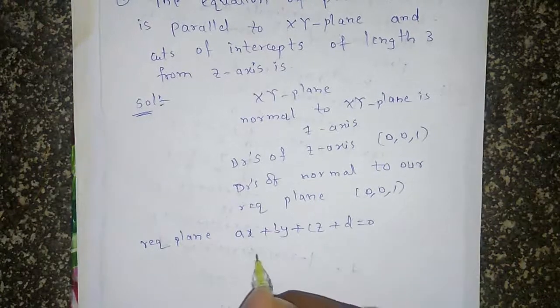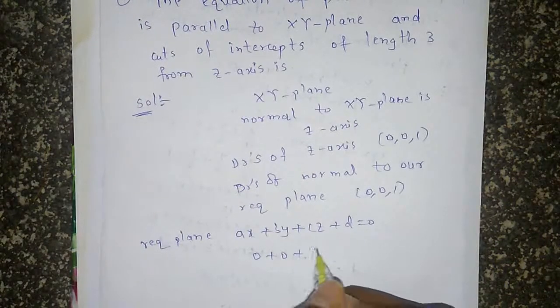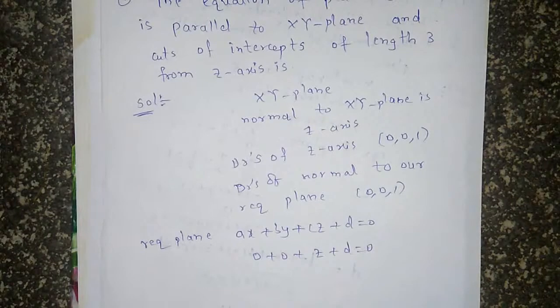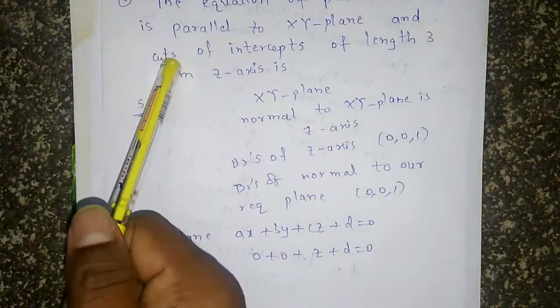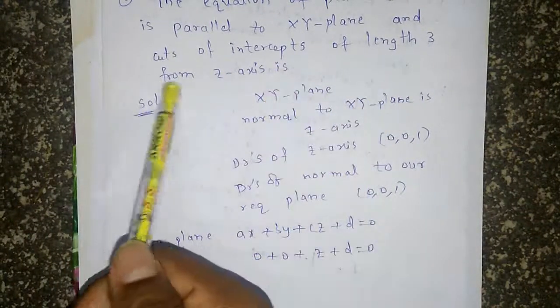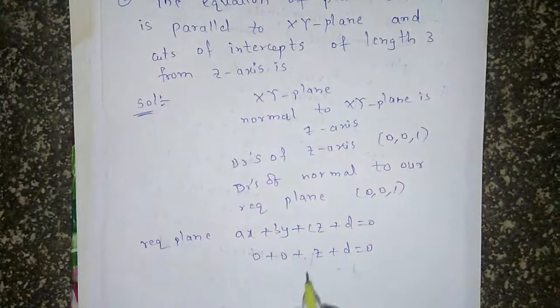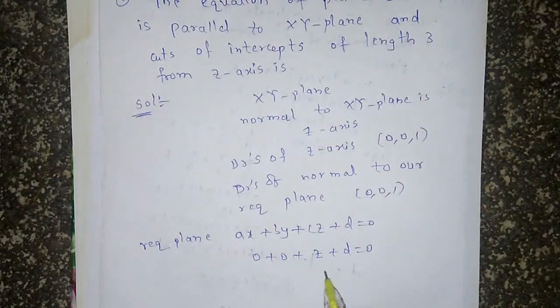So substitute the DRs. This is 0 plus 0 plus z plus d is equal to 0. Now given that it cuts off an intercept of length 3, so now convert this to intercept form.